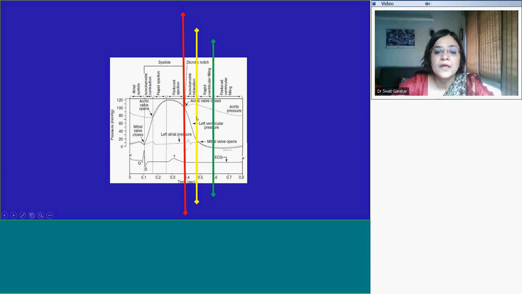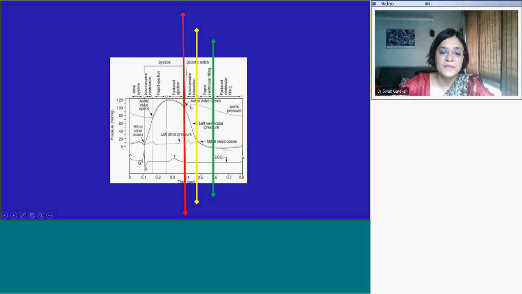Then the isovolumic relaxation period: the aortic valve has closed and the mitral valve opens at the yellow bar. Between the lines is the time when both valves are closed, the aortic and the mitral, and the ventricular pressure is rapidly coming down. You see the rapid decline in the ventricular pressure.